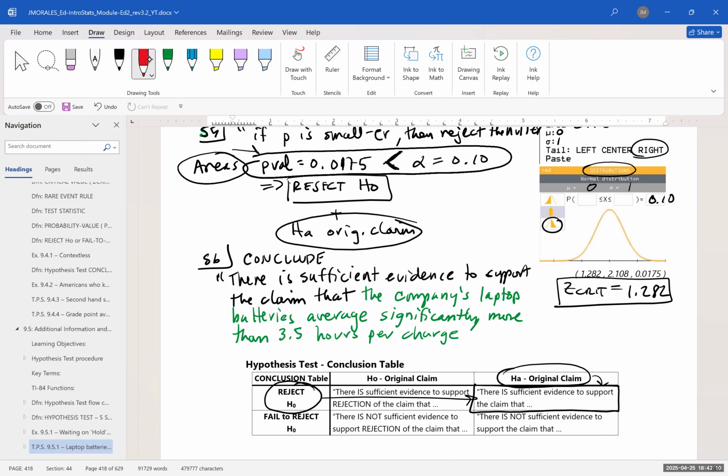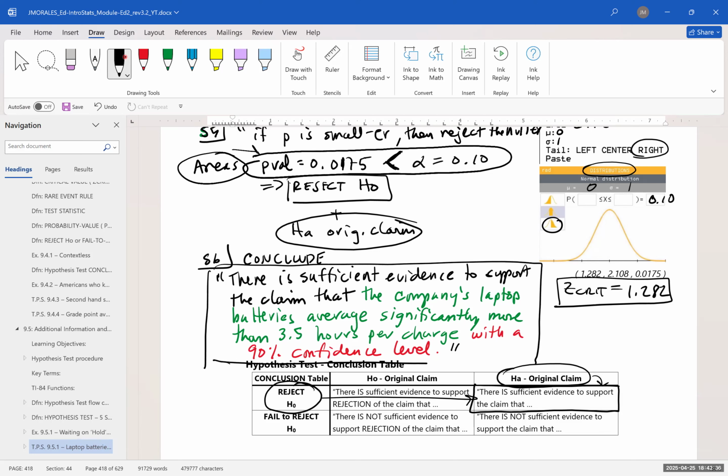And now we have to put the confidence level. So with a 90% confidence level. I could have said with a 10% significance level, but I'm just switching it over to confidence level just because. Okay. And that is our final conclusion for this hypothesis test.